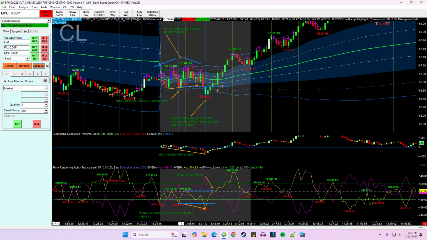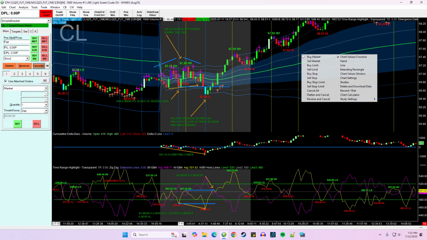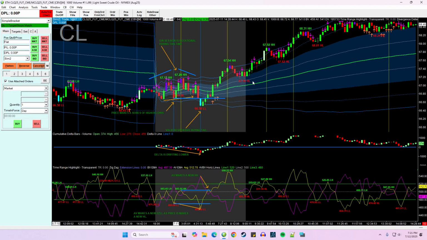So these are some important conditions that lead up to a trend day during the RTH session. We effectively find that demand. We get strong buying coming in, accompanied with price acceptance, crossing DVA.